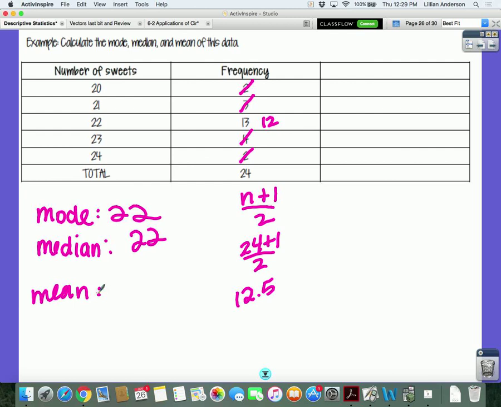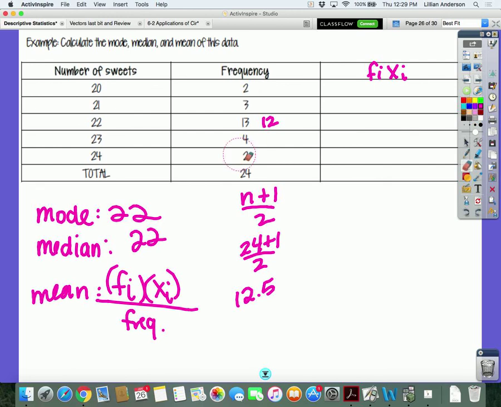that is the formula where you multiply Fi by Xi and then divide it by the total frequency. So to do that, I'm going to do that right over here. I'm going to multiply all of my x's, which are my number of sweets, by my frequency. So let me erase this so that way I can see everything.